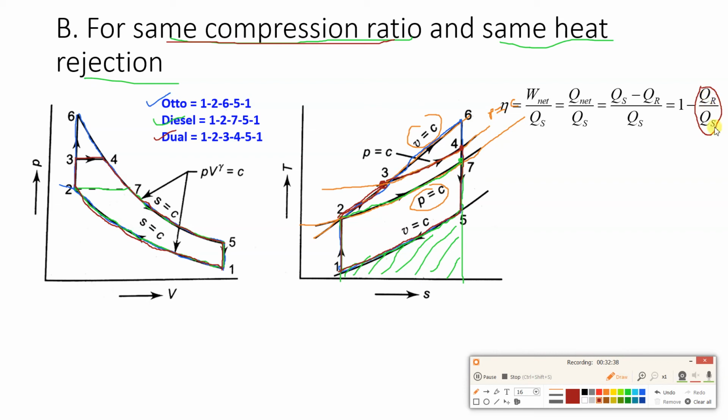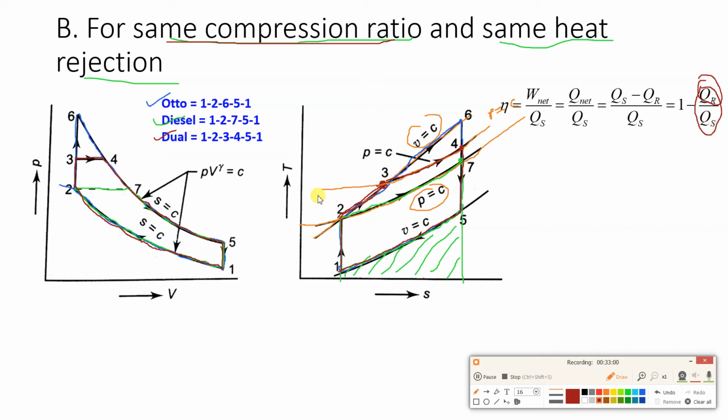So how can you reduce this? Increase QS and decrease QR. But in this case heat rejection is the same, so the numerator remains constant. So what we have to see is in which cycle heat supplied is largest. That will give maximum efficiency.